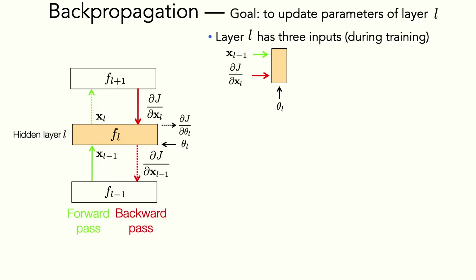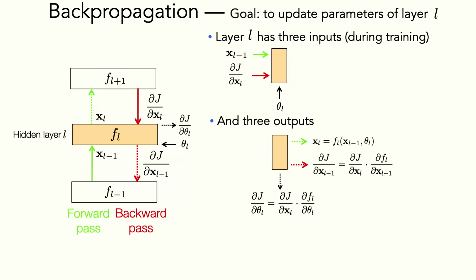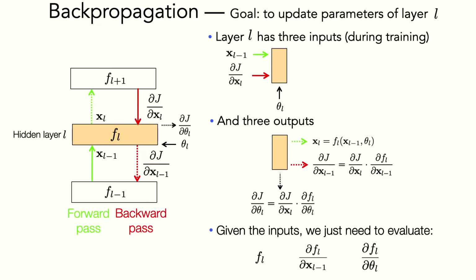The inputs are the previous layer's output, the change in the parameters with respect to the next layer, and the current parameters. And then the three outputs of every layer are the output, running through the function, the change in the parameters with respect to the previous layer, and the actual update to the parameters. Given those inputs, we just need to evaluate those three things. And this actually makes training happen.